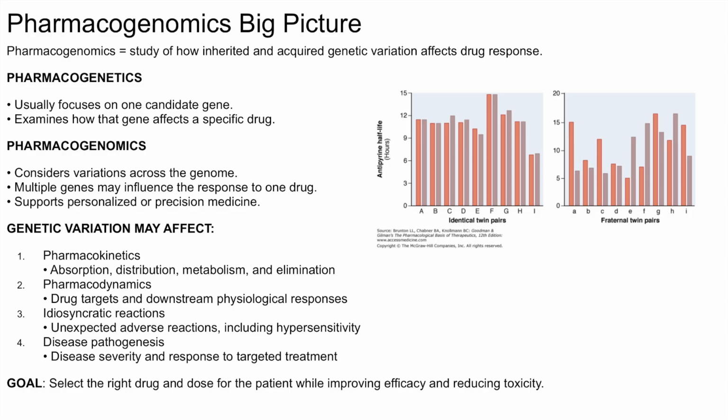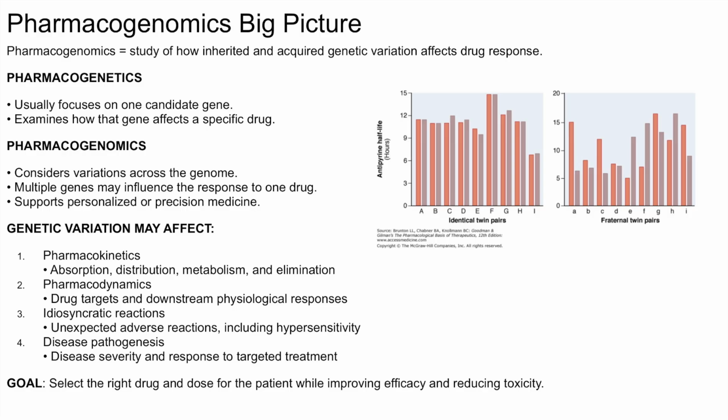Okay, so pharmacogenomics, the big picture here. Pharmacogenetics and pharmacogenomics examine how genetic variation influences drug exposure. Pharmacogenetics traditionally focuses on one gene and its relationship with a particular medication, whereas pharmacogenomics takes a broader approach by considering variation across many genes or the entire genome, hence pharmacogenomics.